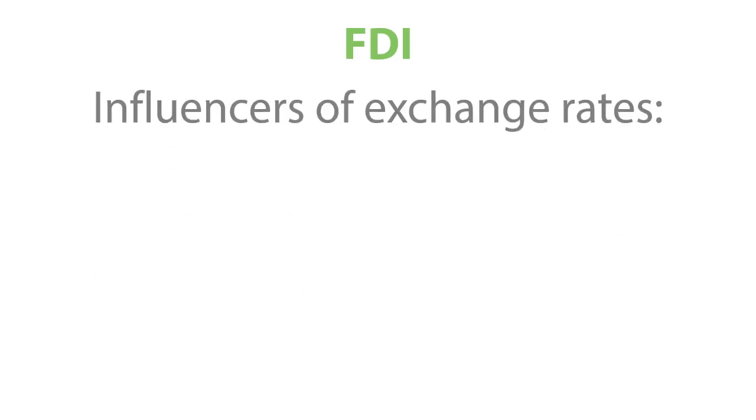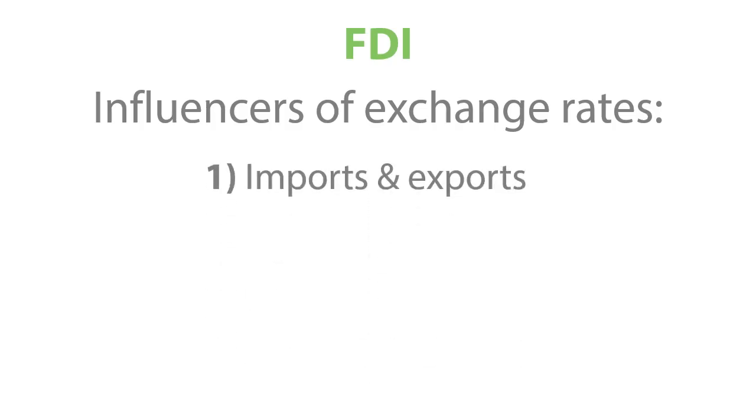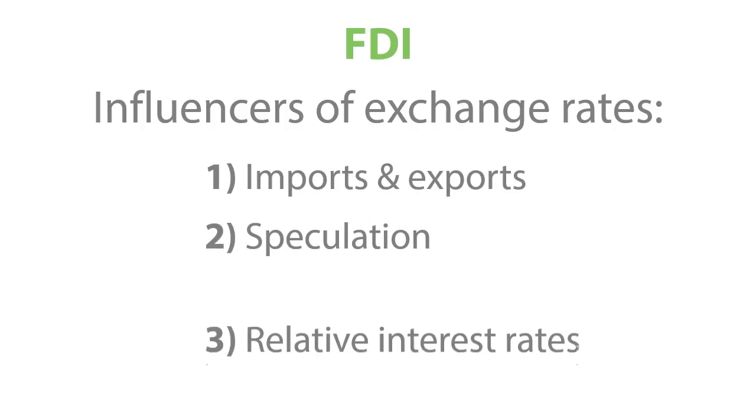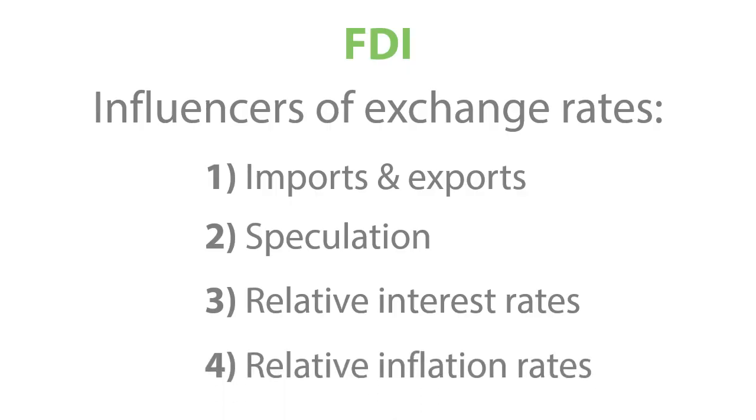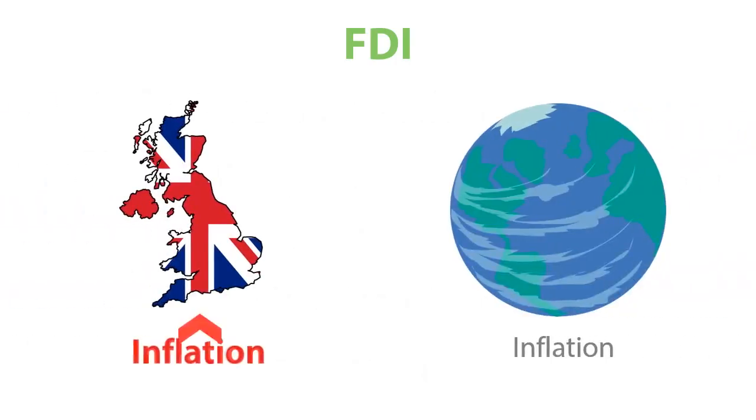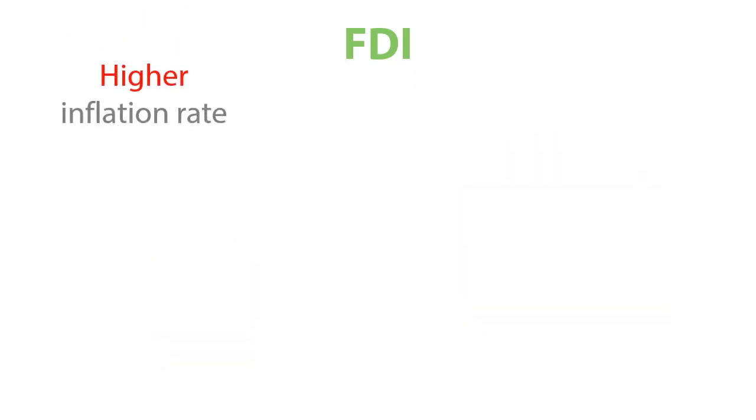We have now seen our first 4 factors that influence exchange rates: imports and exports, speculation, relative interest rates, and relative inflation rates. For instance, if a country's inflation rate is higher relative to its competitors, its prices will go up by more than those of its competitors.